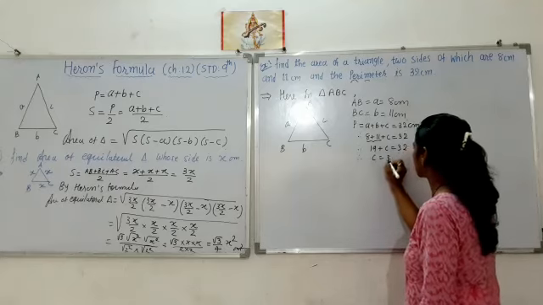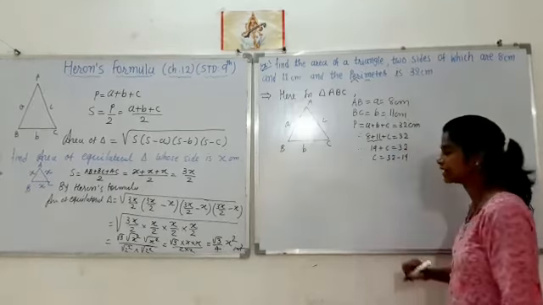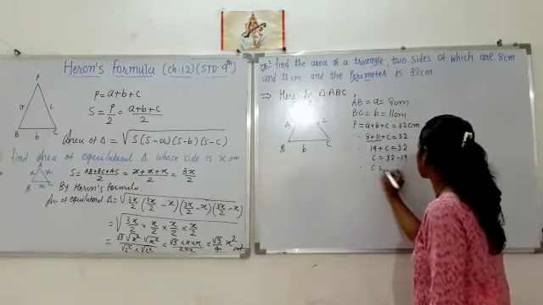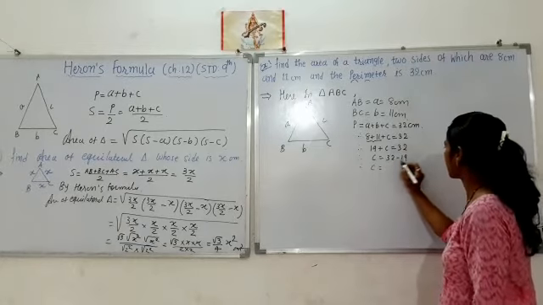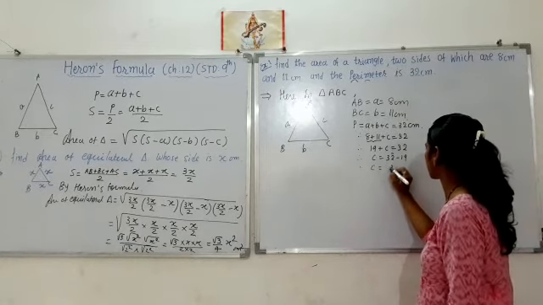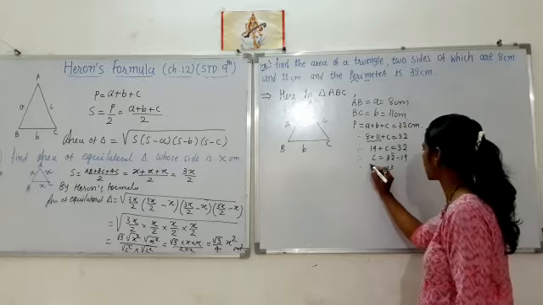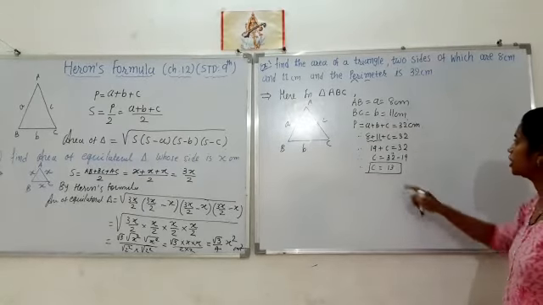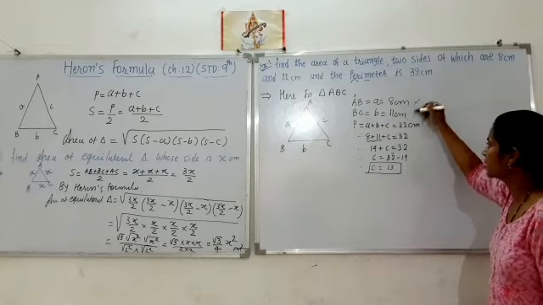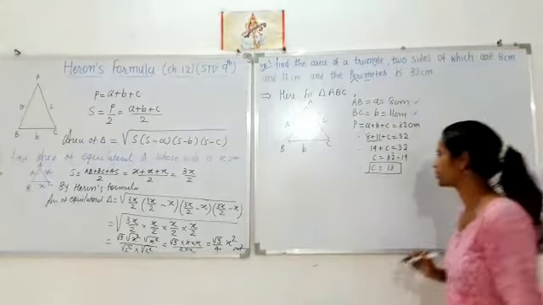So c is equal to 32 minus 19. So the value of c is 32 minus 19, which is 13. This is your value of c.